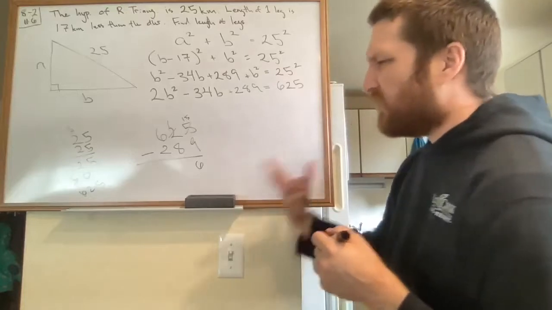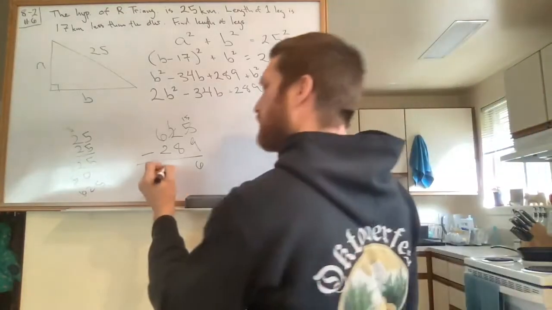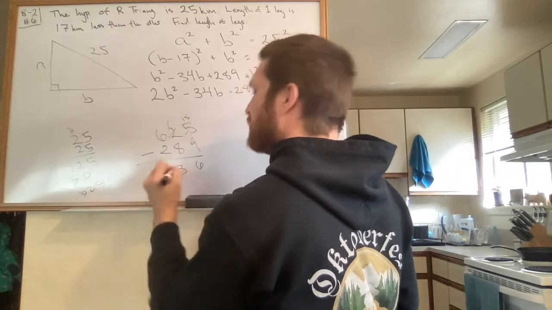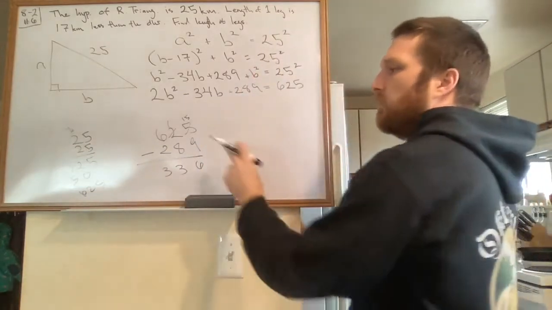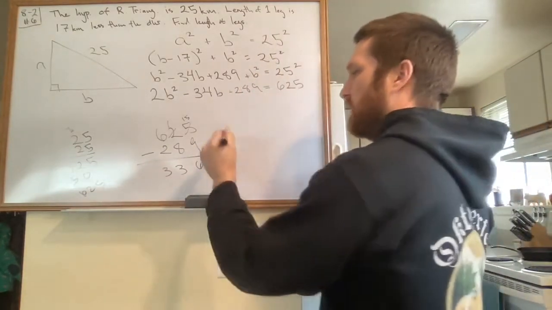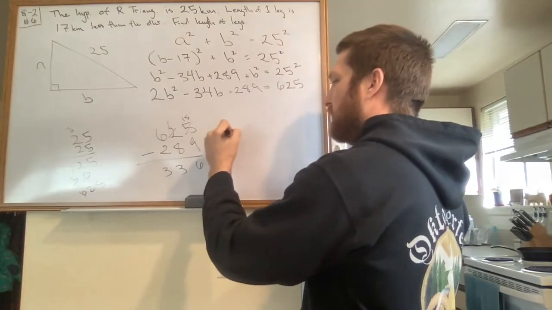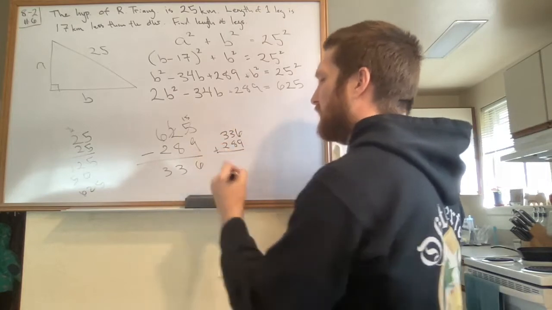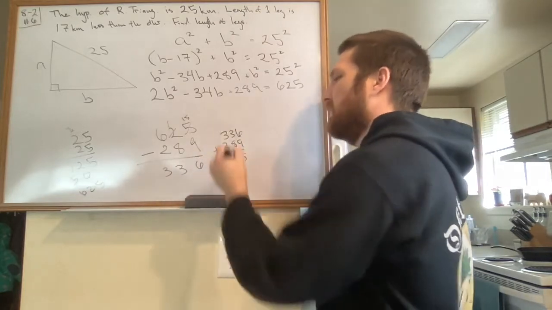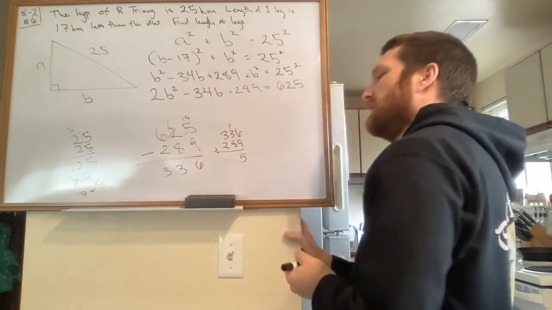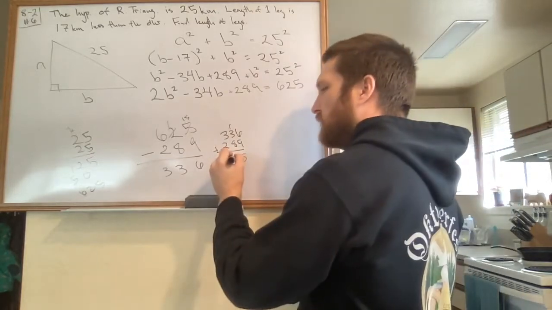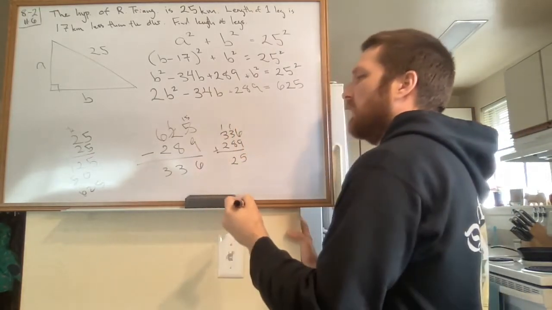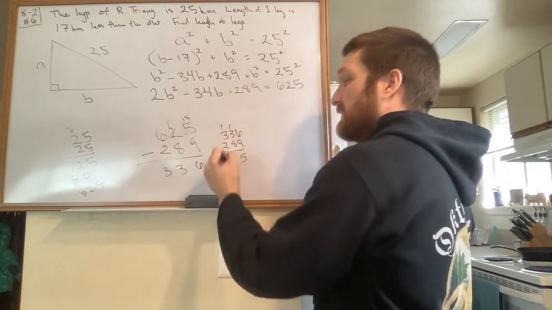So how about 33? Is that right? Let's check it. 336 plus 289 should be 625. 9 and 6 is 15, carry the 1. 8 and 4 should be 12. That is a 5 and a 6, 625.